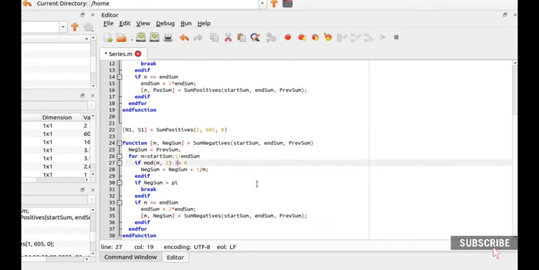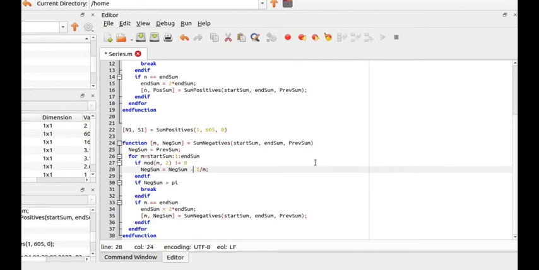Now we have to check if the numbers are odd, and if they are, subtract 1 over m. And we also want the sum to be smaller than pi. Now that we've finished, we can run the script to find the first number m1.